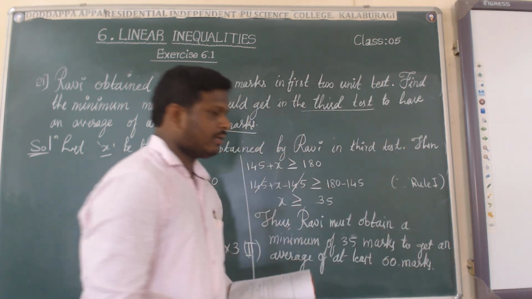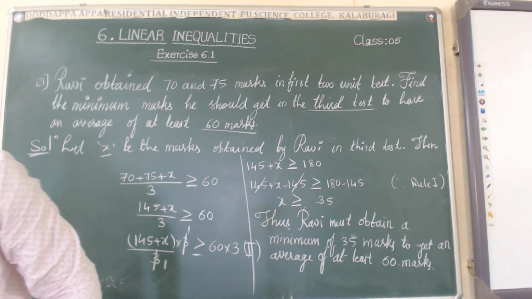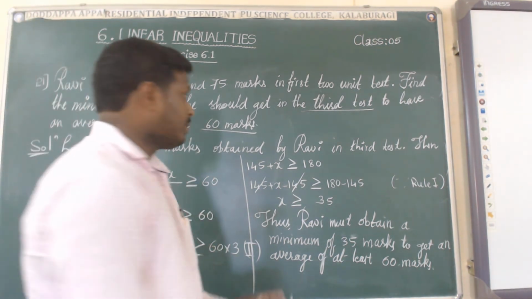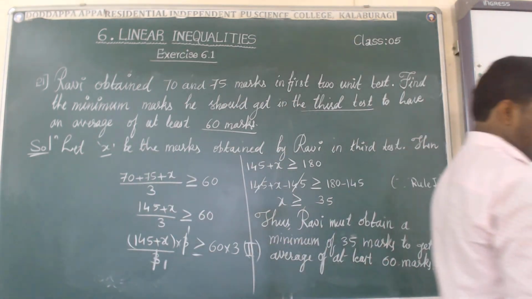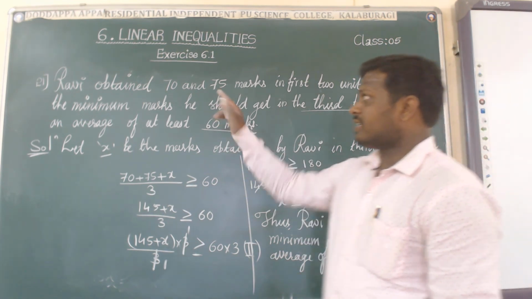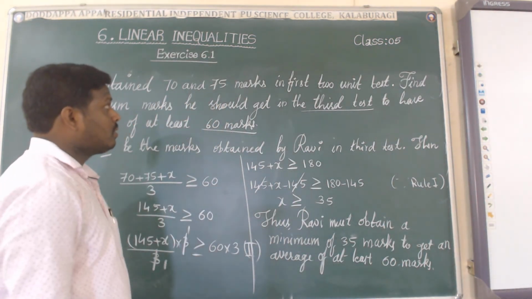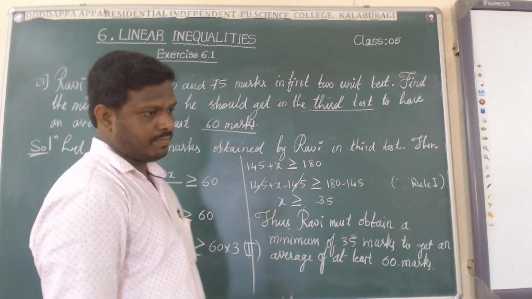Getting my point? I would like to explain again here. The given question is that Ravi obtained 70 and 75 marks in the first two unit tests.